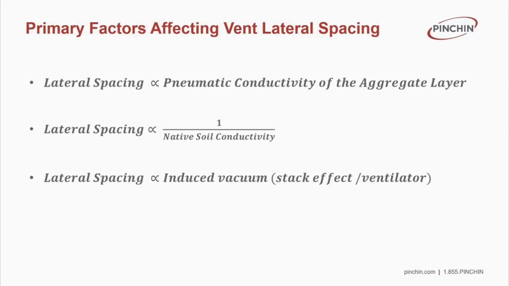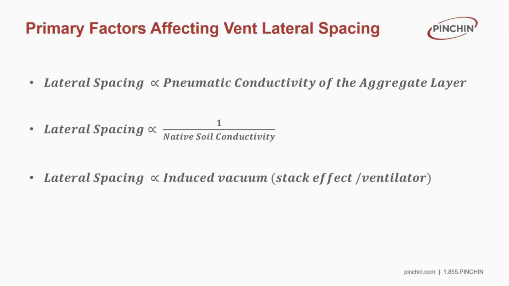So here are the factors that affect the vent lateral spacing. The lateral spacing is directly proportional to pneumatic conductivity of the aggregate layer. That means the higher the permeability of the aggregate layer, the higher or the farther away the vent laterals can be spaced.